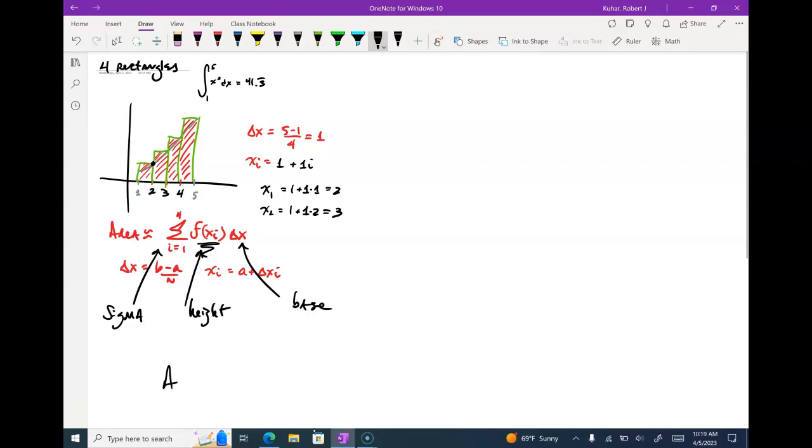So here's my area estimate now. Oh, I'm sorry. I have to find f of x sub i, which is going to be 1 plus i, quantity squared. This is probably the hardest part of the whole process, plugging that x sub i into the actual polynomial, into the function, and then simplifying it.